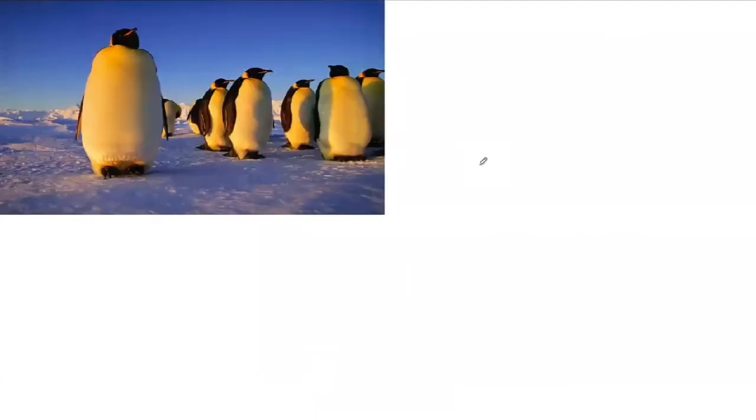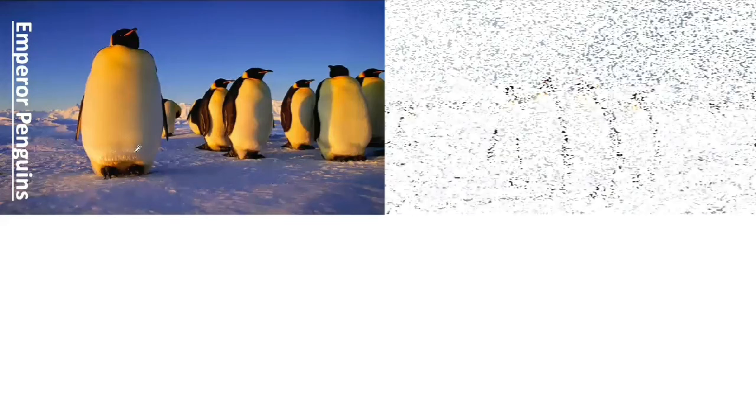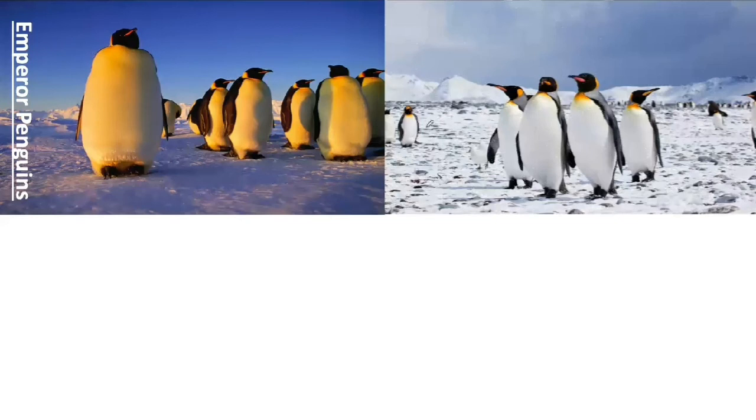Here we have the different types of penguins, as you have read in the comprehension. This is the emperor penguin. As we have read, emperor penguins are the largest species and they are very tall, 4 feet tall, and weigh about 100 pounds. Yes, they are very tall and fat. Now, these are the king penguins.